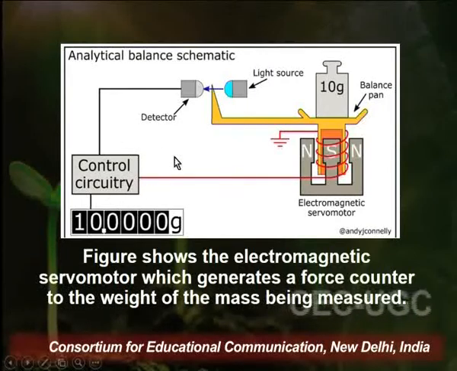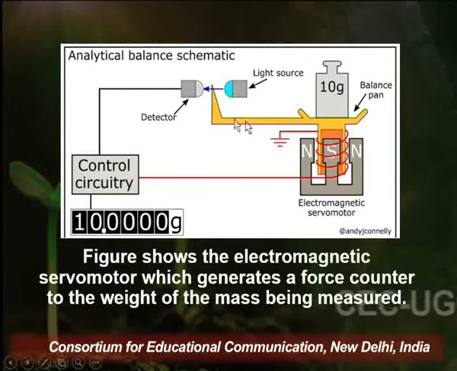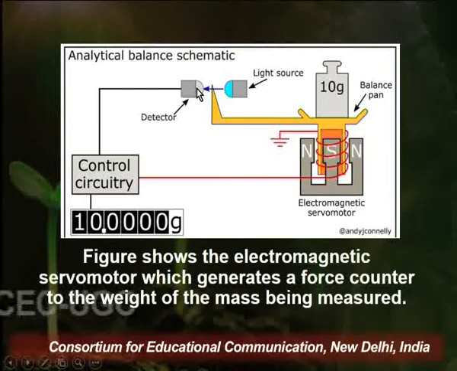In some of the weighing balances, there is a light source also, and there is a detector, so any change will cut out the light, and whenever there is an accurate measurement, the light will automatically glow.